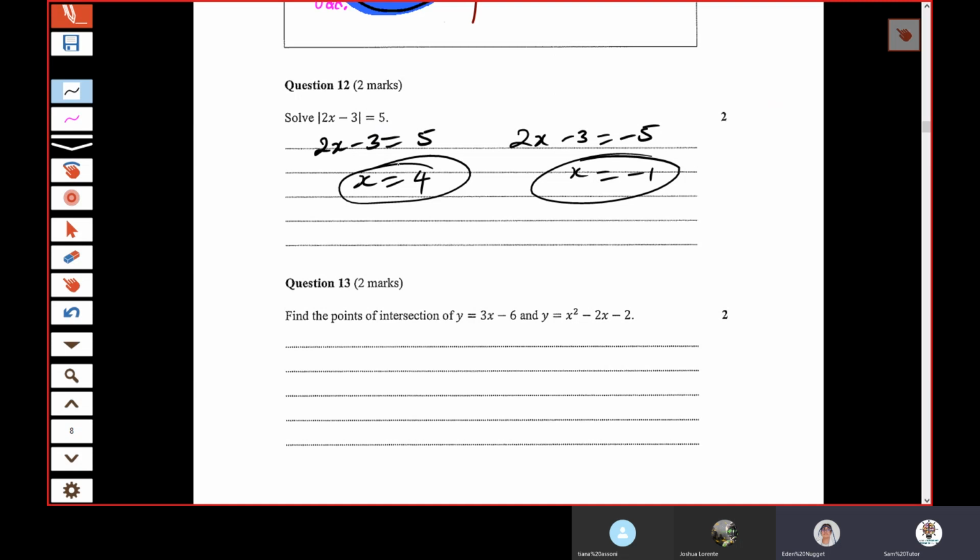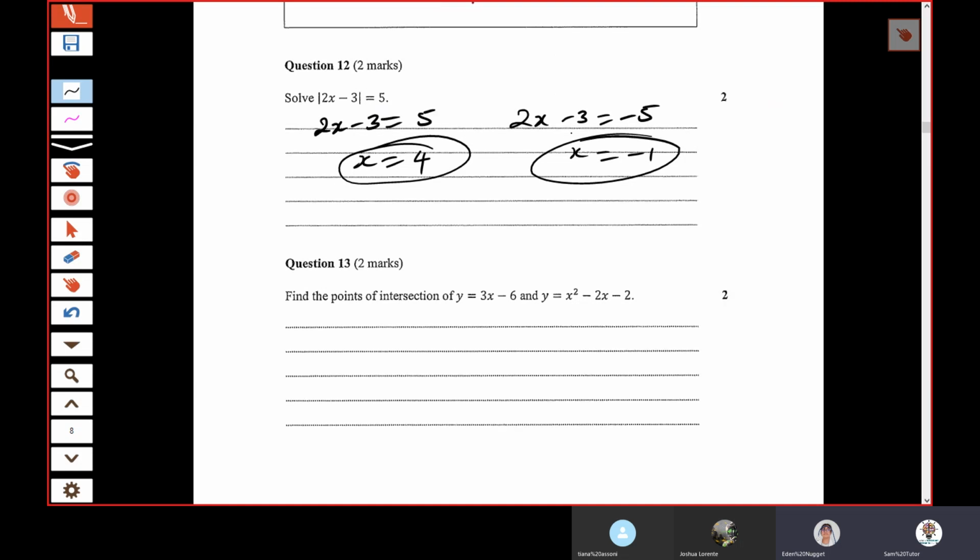Yep. If it was an inequality, we still make it equal to, and then all we have to do is do a testing. We test 0, whatever it is.